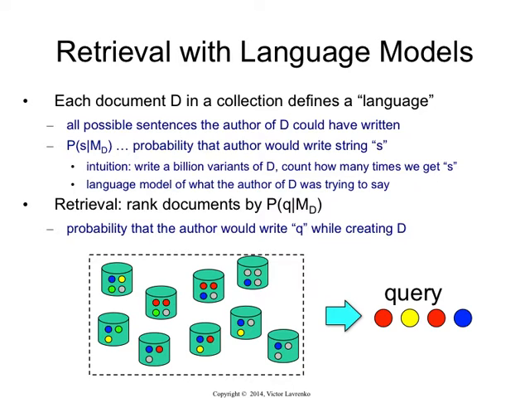So the probability of drawing a particular string is how many times you observe that string in all the variants of that document. What you're computing is: if I was writing that document many times over, how many times would I see the query in that document? That's the question you're asking. Okay, so that's the right way to think about it.